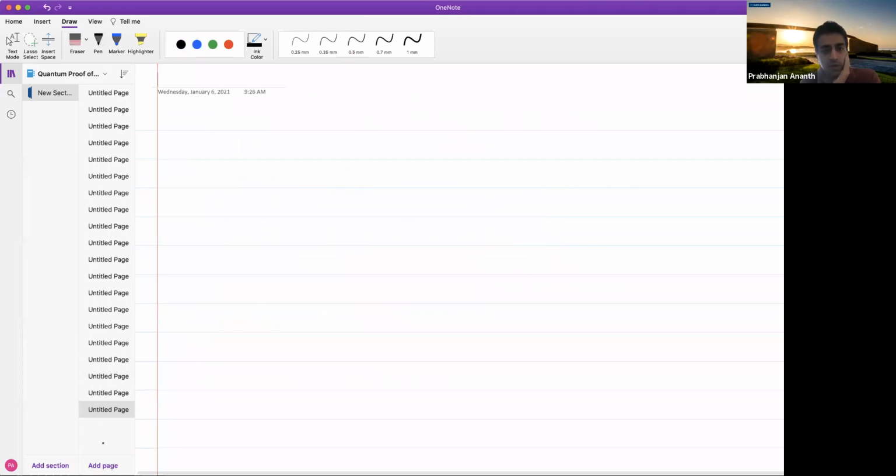Okay, so now how does the extractor work? What the extractor is going to do is run the protocol in superposition.